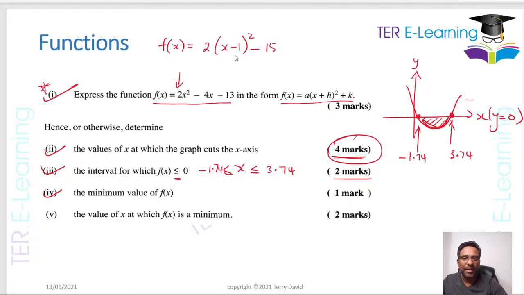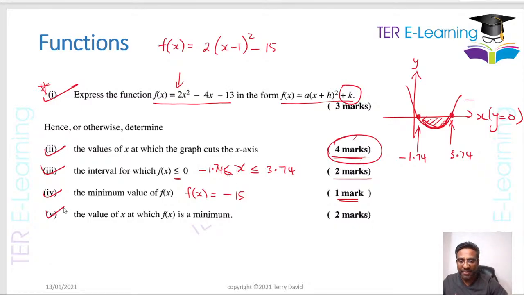Whenever you have a quadratic written in this format, it is very easy to figure out the minimum value of the function. The minimum value of the function is always whatever k is. That's why CSEC is only giving you 1 mark. So the answer is f of x is equal to minus 15. That's all you need to put to get 1 mark, right?